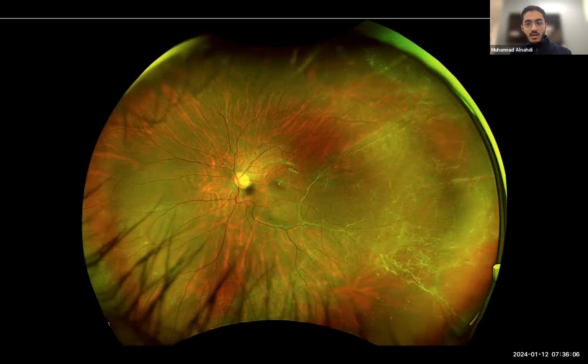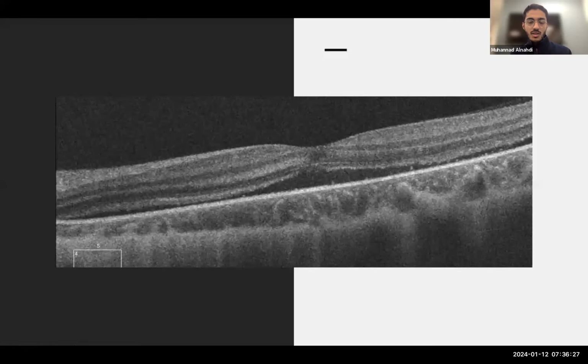The Optos photo shows us here a retinal detachment that spans from around 2 o'clock to 6, caused by the lattice areas, patches we see here, which are integrated with atrophic folds. And when we did the OCT, it showed neurosensory retinal detachment, as confirmed here as well.